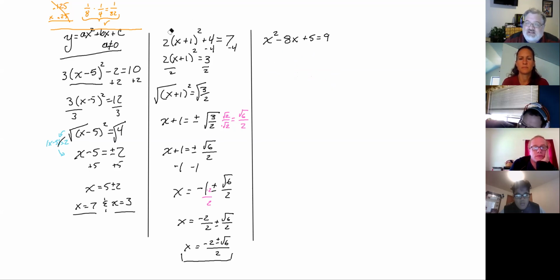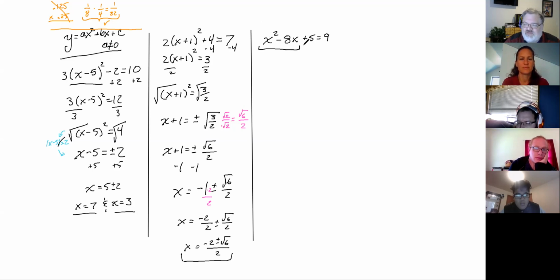It would have been really nice if this had a perfect square in it instead, right? Well, one of the most important principles you'll ever learn in mathematics is called the wouldn't it be nice principle. It would be nice if instead of being this x squared minus 8x, this was a perfect square like this one was, or like this one was.